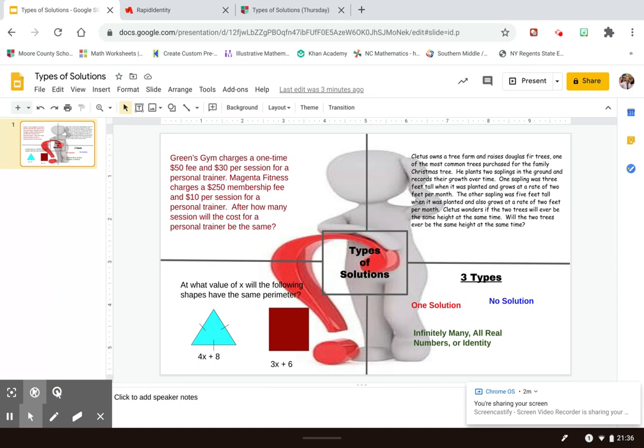We're going to write an equation that models the situation. One fitness center has a $50 flat fee and charges $30 per session, and the other has a $250 flat fee and charges $10 per session. The question is, when do they charge the same amount, which is why we insert the equal sign.